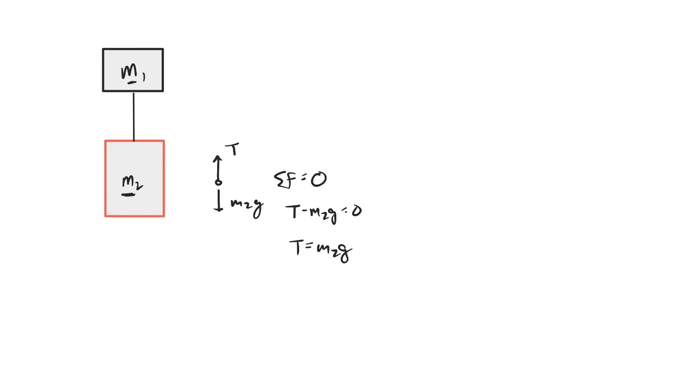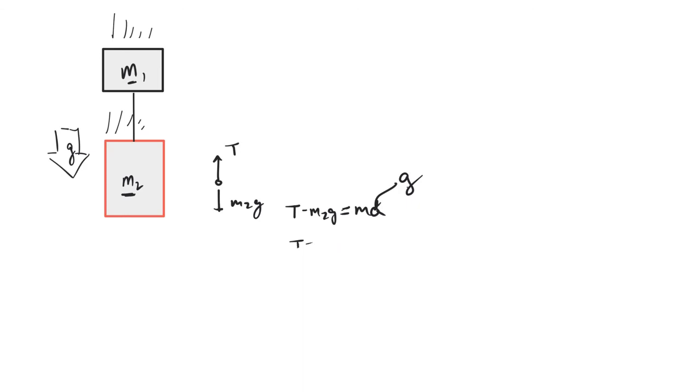So if I let it go and they both start falling, they're going to accelerate downwards at g. So what's the tension in the cable now? Well, to find the tension in the cable now, recognize that it's not equal to 0. It's now equal to ma, where this is the acceleration of gravity. If that's true, then when I solve for the tension, I get T minus M2g equals M2a.